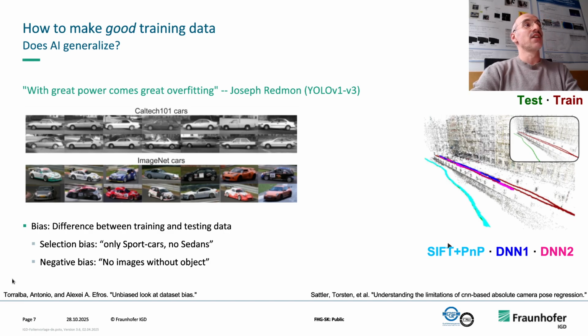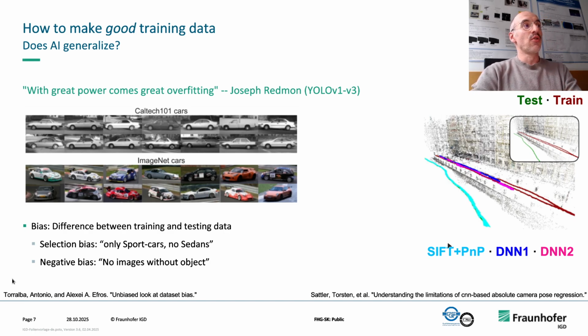As an example for this, I want to show you these images on the left-hand side, which show the car category from two different data sets. And if you were to train on one of the data sets and test on the other one, it will probably not work. For instance, if you train on the sedan data set on the top, it will not detect the sports cars because they are very different and have different shapes and have different orientations, while in the data set they are all aligned to the left.